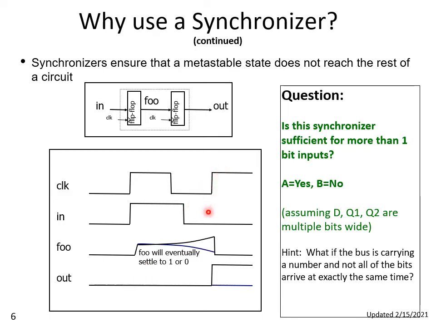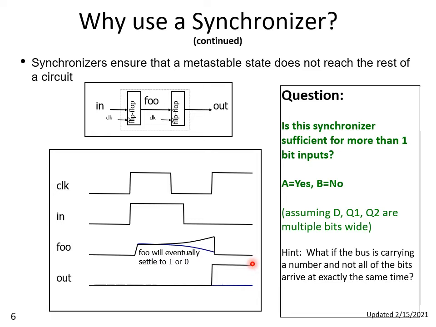We get to the next clock edge, and the value of foo, this intermediate signal, is either a 1 or a 0 at this point, but we don't know which it is. So the value of out ends up being an unknown or unpredictable value, but it is a stable value. The first flip-flop will settle to 1 or 0. So whatever happens, this will not end up being metastable. Although the fact that it's unpredictable, depending on the application, could be a problem.